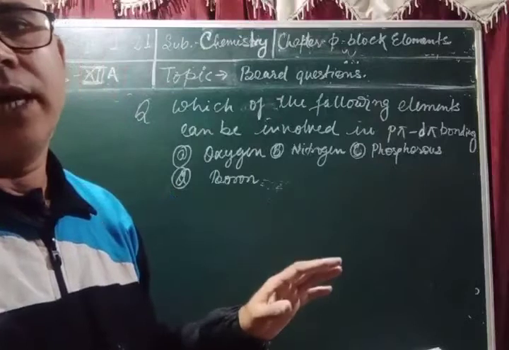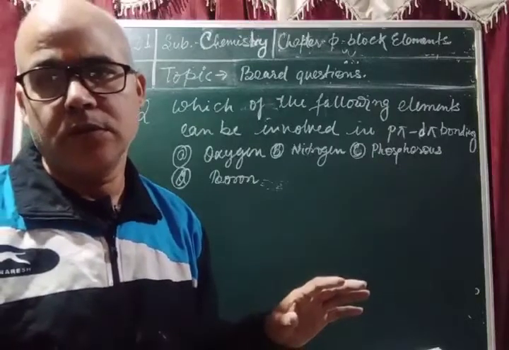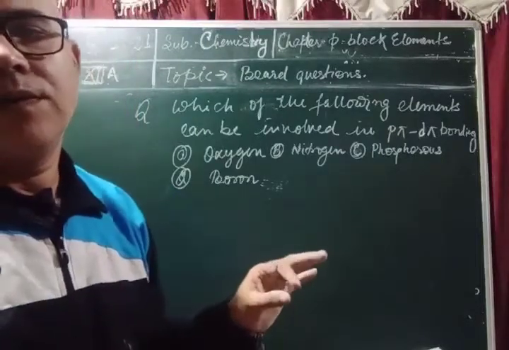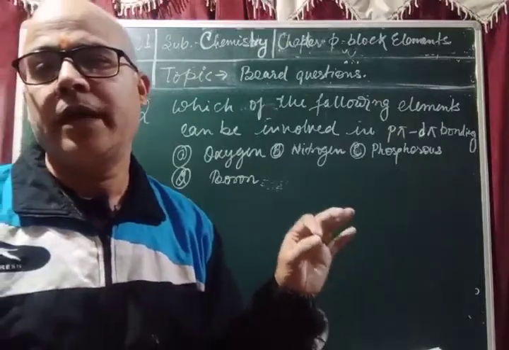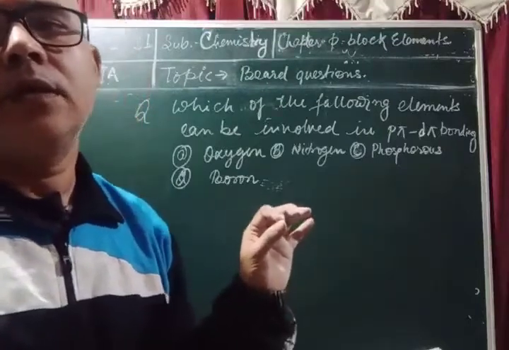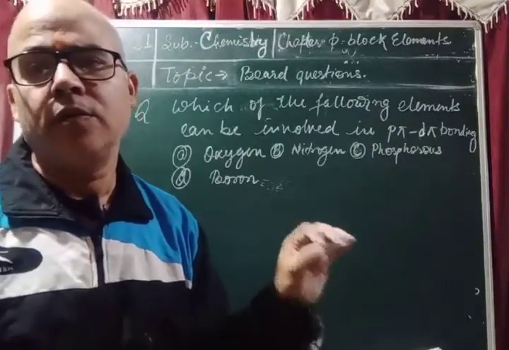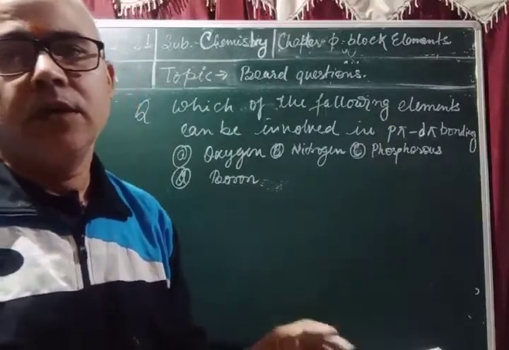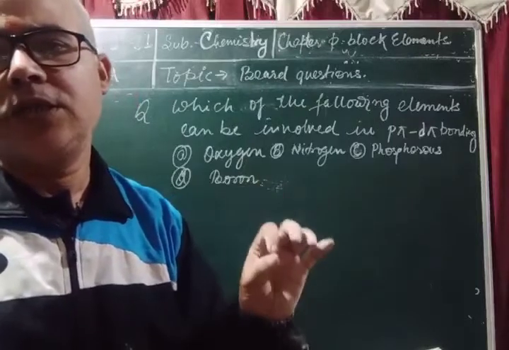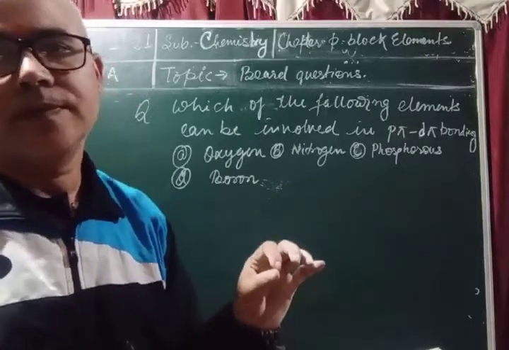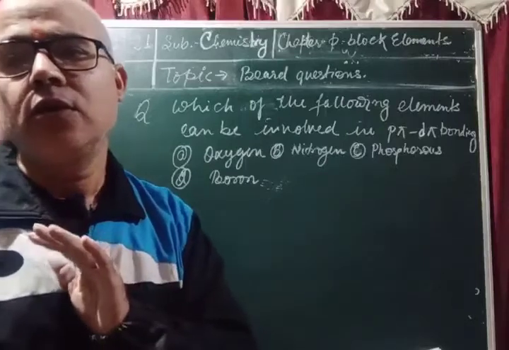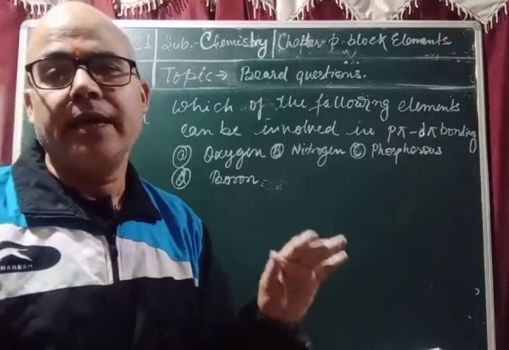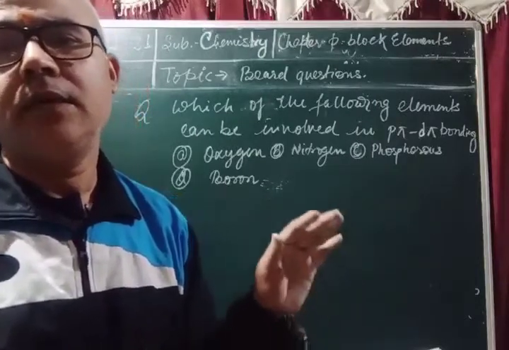And as you know, in the p block, the first member of each family, whether nitrogen family, oxygen family, boron family, carbon family or halogen family, has no d orbital, so they cannot form p-pi d-pi bonding.